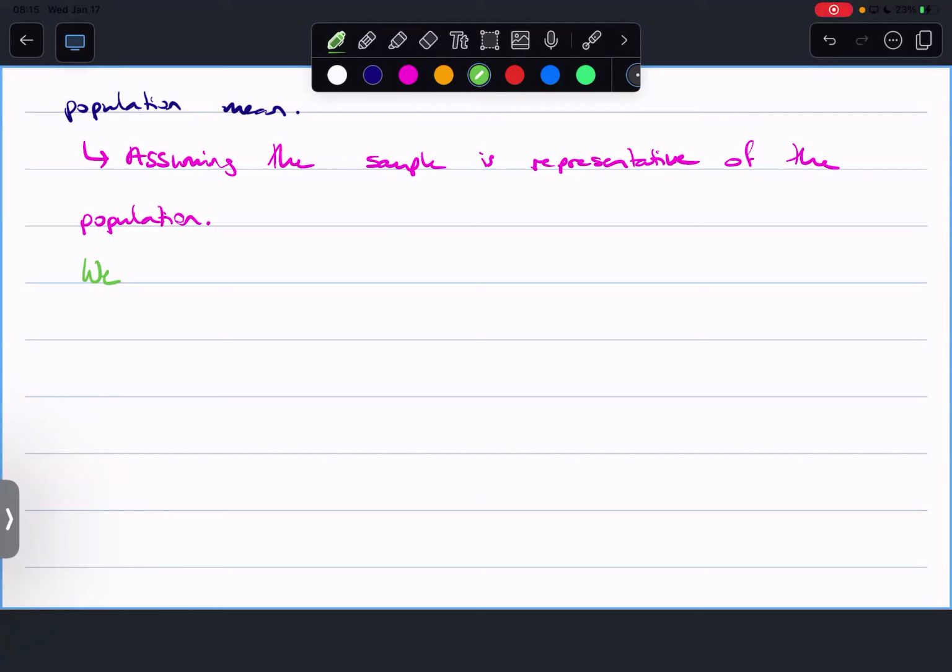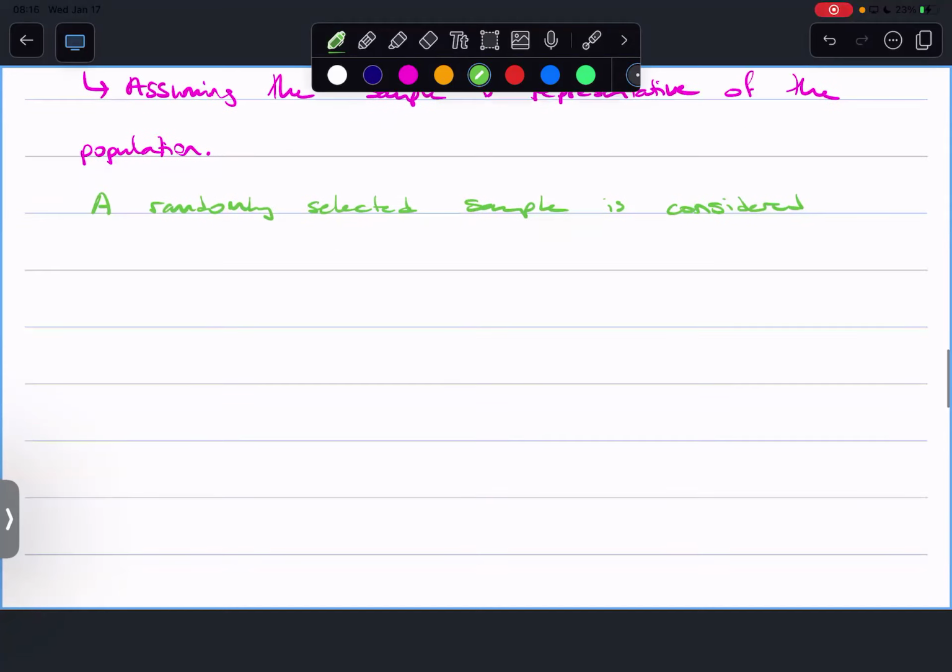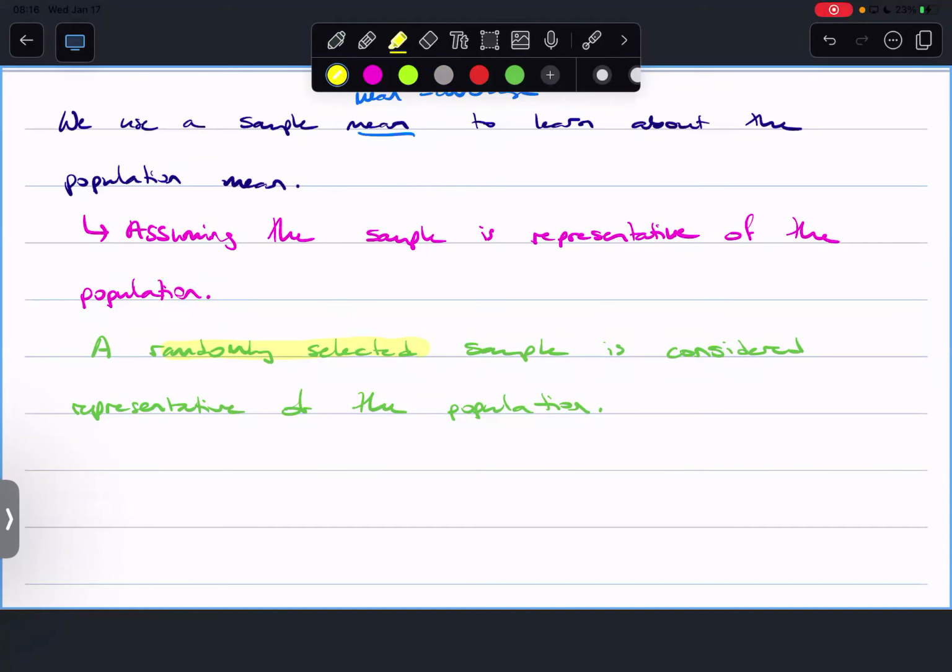A randomly selected sample is considered representative of the population. So that random sampling is very, very important.